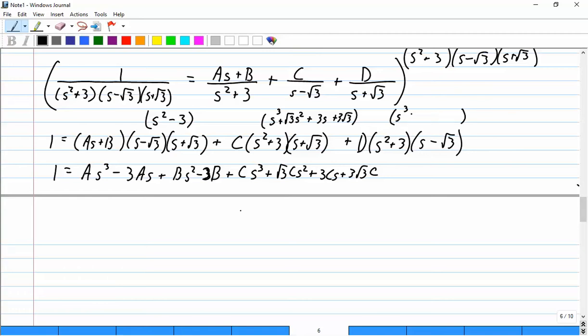It's going to be s cubed minus square root of 3 s squared plus 3s minus 3 square root of 3. So that's going to be plus Ds cubed minus square root of 3 Ds squared plus 3Ds minus 3 square root of 3 D.